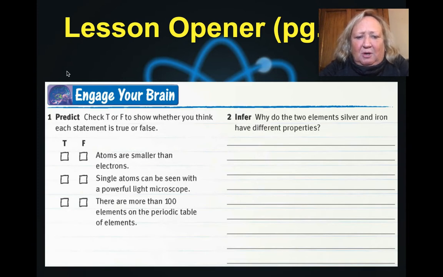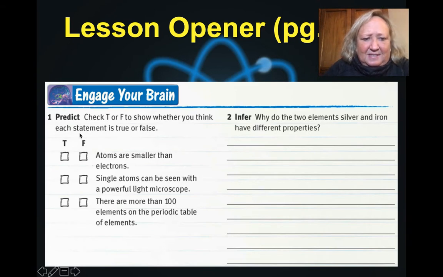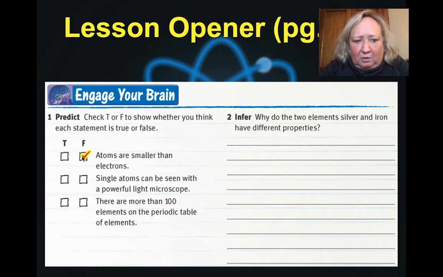Atoms are smaller than electrons. Again, 2 words that might not mean anything to you, but they will shortly. Well, you might want to guess at this, but an electron is part of an atom, so therefore electrons are much smaller than atoms. Next question.